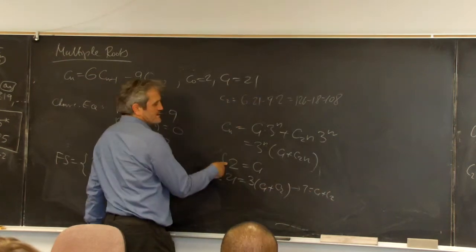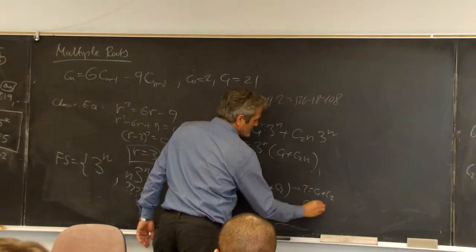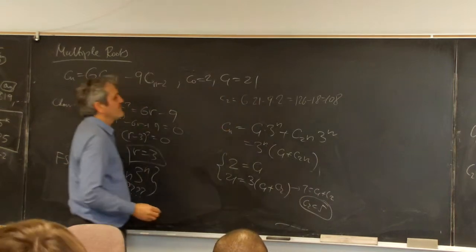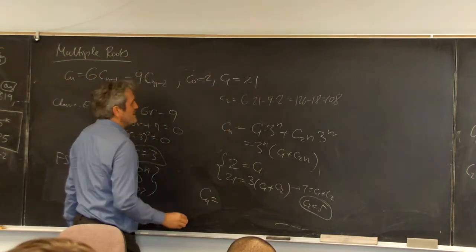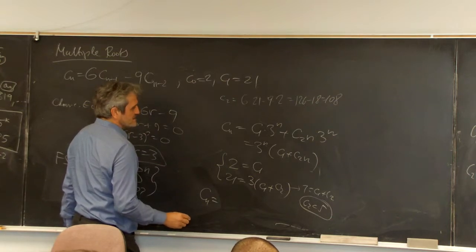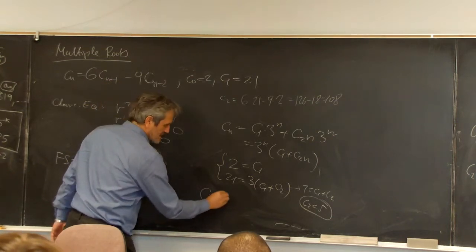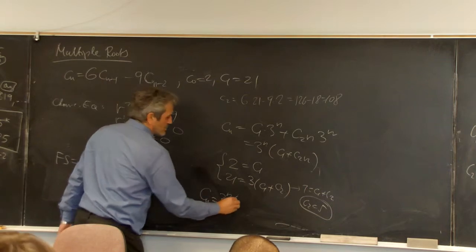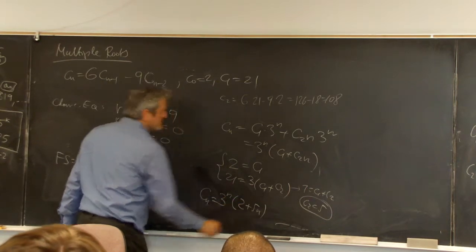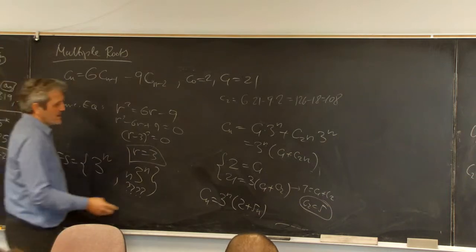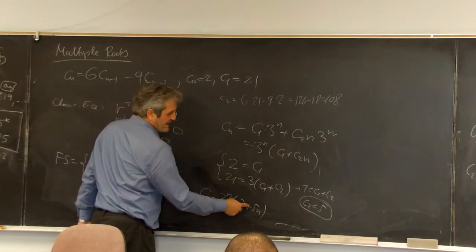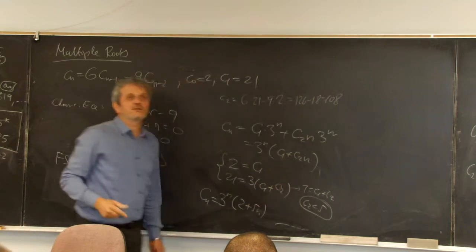We already have C1 is 2, so C2 is 5. So the solution we want is Cn equals 3 to the n times (2 n plus 2)... namely 3 to the n times (5n plus 2). For example, for n equals 2, that would be 9 times 12, which is 108.